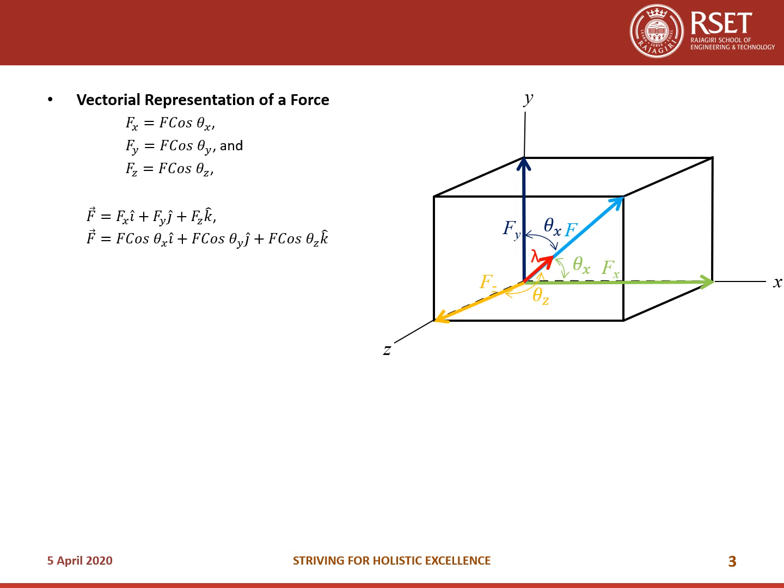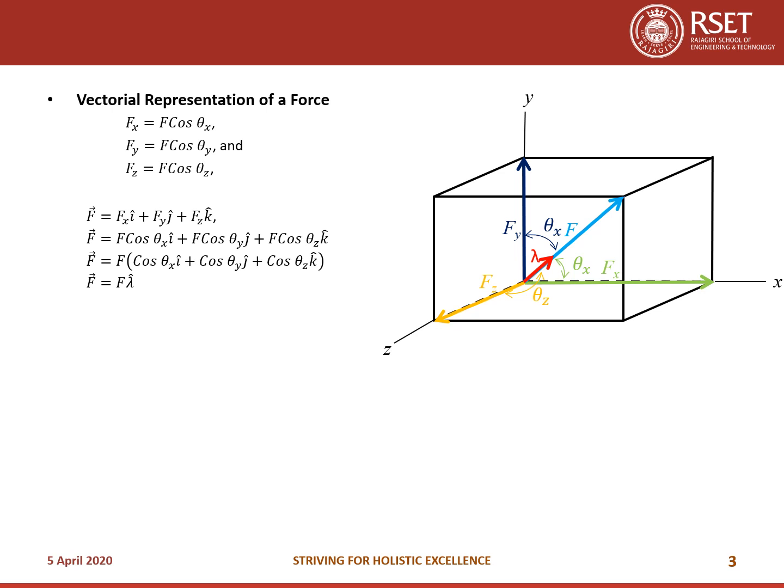Fx is F cos theta x, so you can write it as F cos theta x i plus F cos theta y j plus F cos theta z k, where F you can take outside, so it becomes F into (cos theta x i plus cos theta y j plus cos theta z k), or you can write F is equal to F into lambda, because you know that basically the force vector is written as F into lambda.